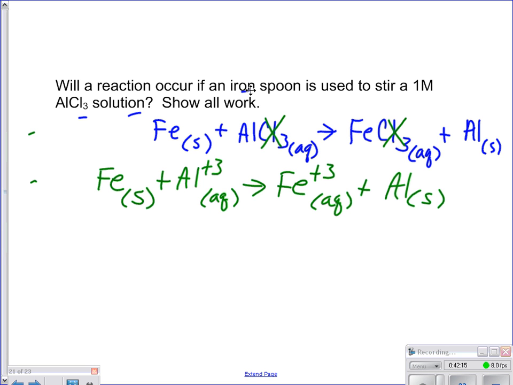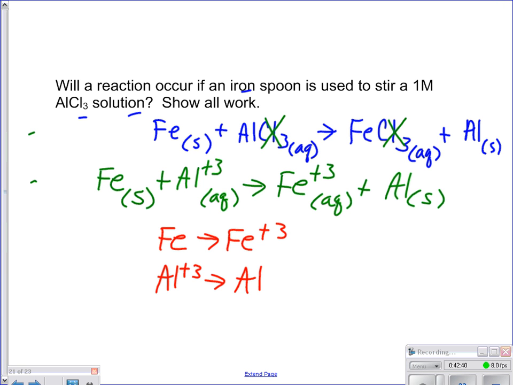So now when we go through this, I'm going to break this down into my 2 half reactions. So I have my Fe going to Fe plus 3, and I have my Al plus 3 going to Al. Those are my 2 half reactions. I can easily look at that and figure out where to throw my electrons, right?